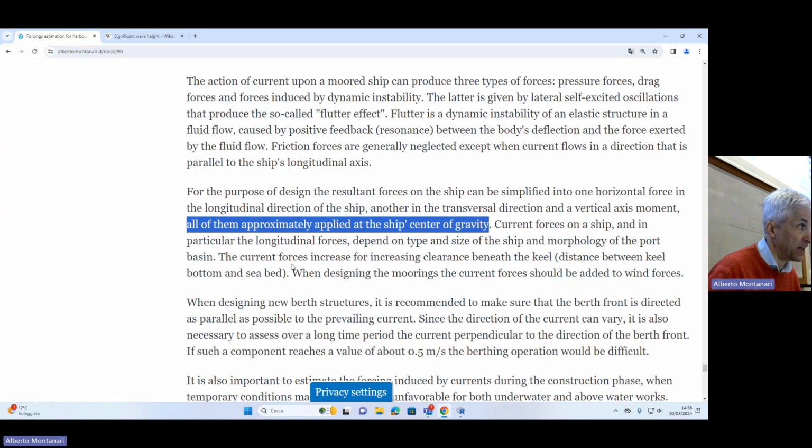It's a simplified schematization because this allows us to get the usual empirical relationships, three in this case because there is also rotation, which allow us to take the simplified route.